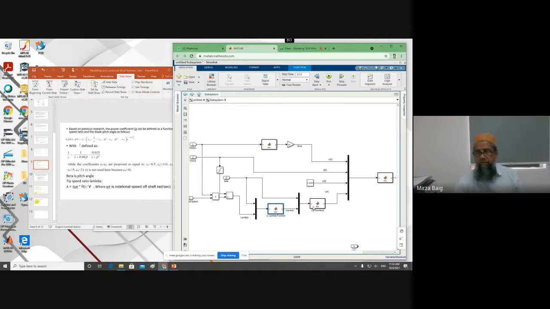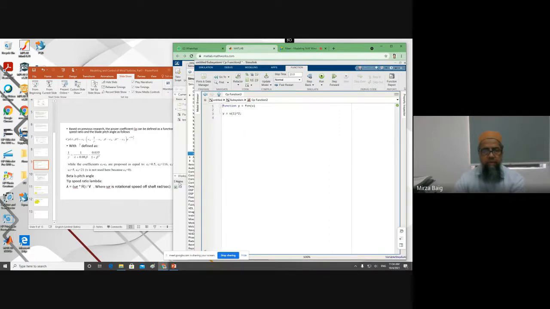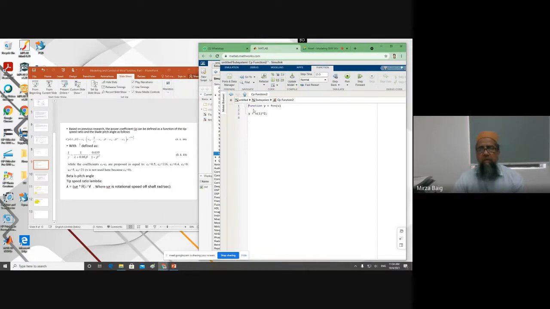That's going to Cp. Then now let's calculate Cp. So Cp has constants. So we have C1. C1 is 0.5. 0.5 times C2.